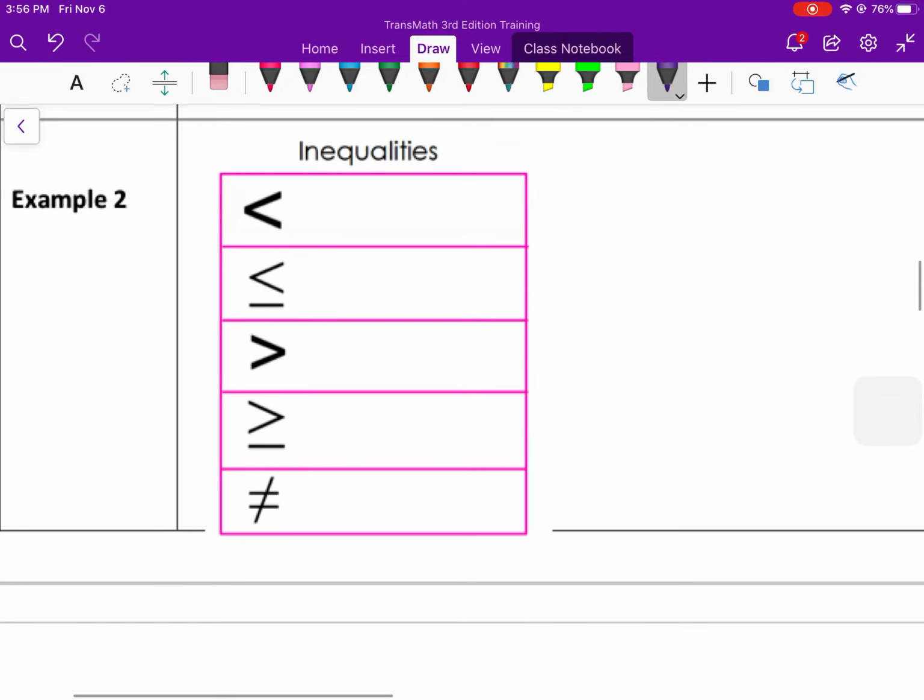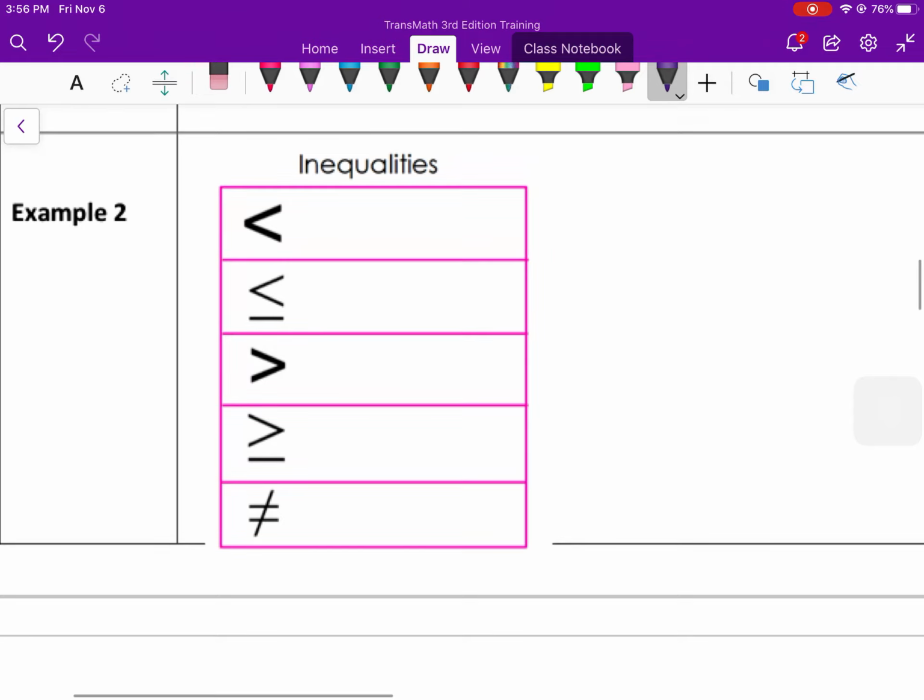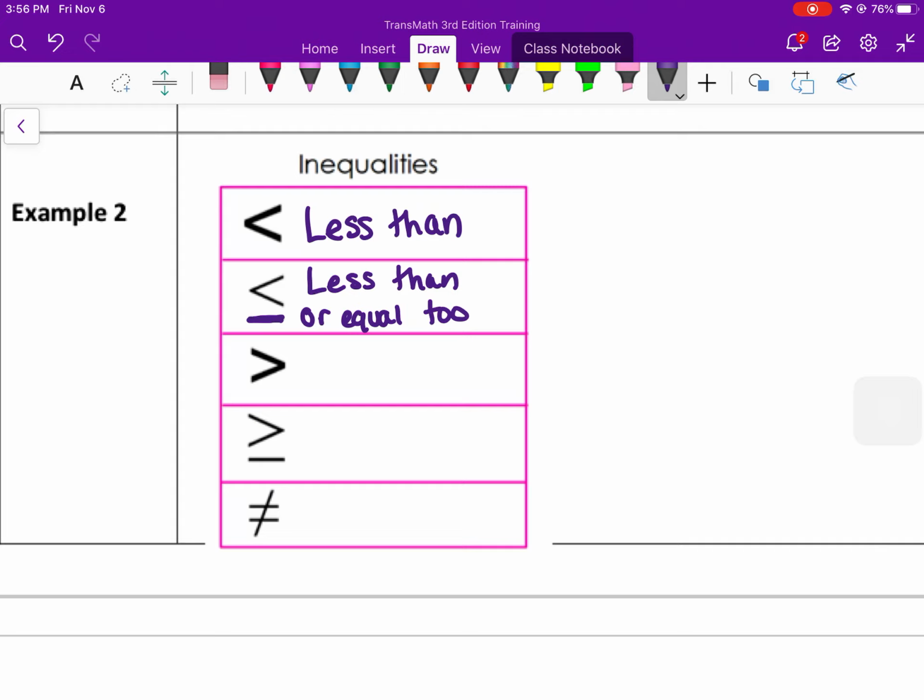So first, here are the inequalities. The first one points to the left. This is the less than symbol. If it points to the left, but it has the bar underneath of it, that is less than or equal to. If it points to the right, that is the greater than symbol.